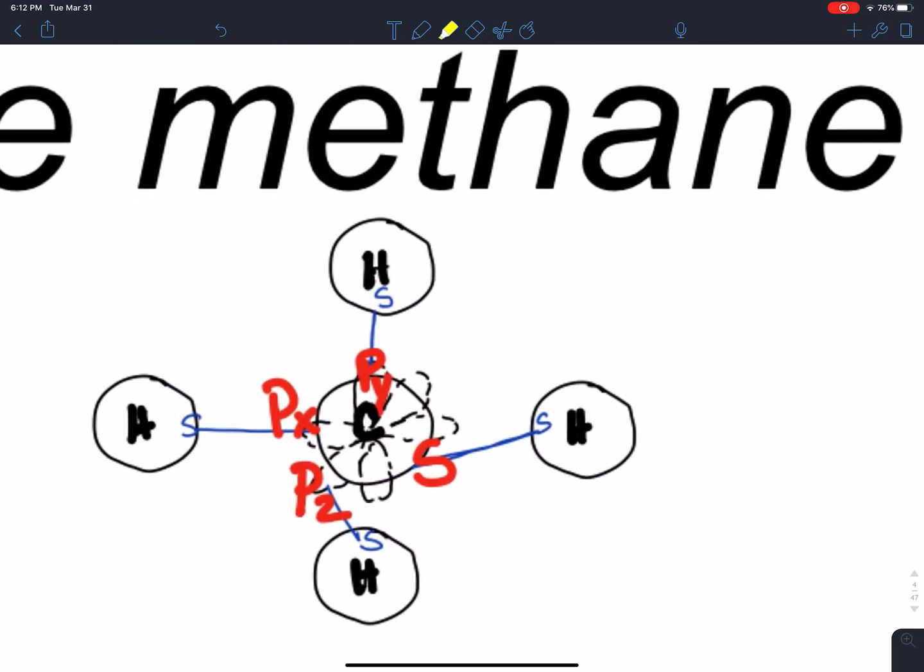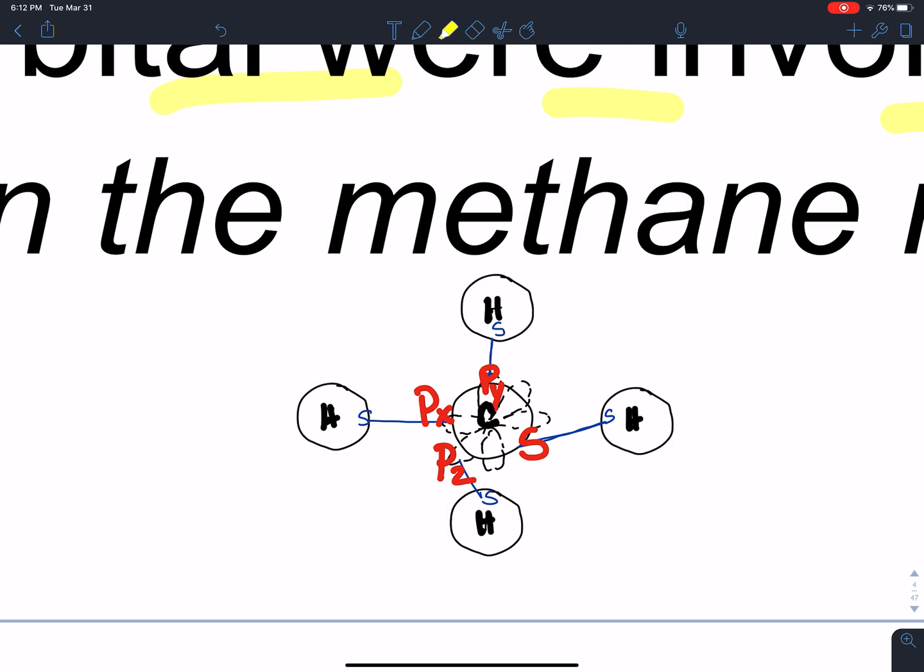What do I mean by that? Let's take a look here. We have a carbon atom in the center, 4 hydrogen atoms surrounding it. Now, each hydrogen only has 1 electron, right? So here's an s orbital. It can only fill an s orbital. And we have another s and another s. Now, when the bonds form, one of those hydrogen s's will be overlapping with the s in the carbon, right?